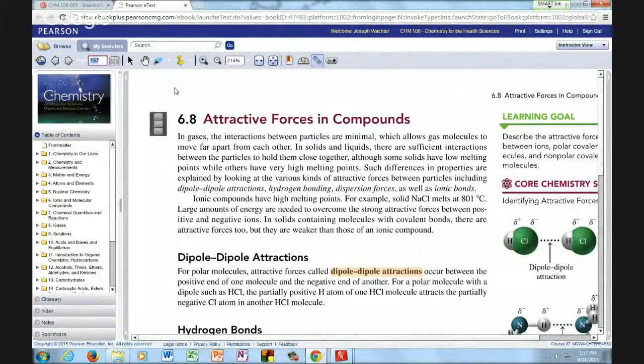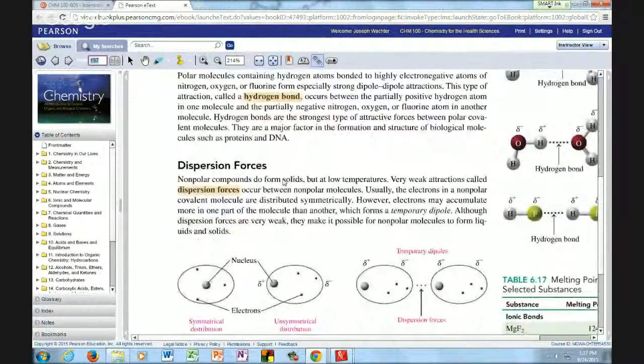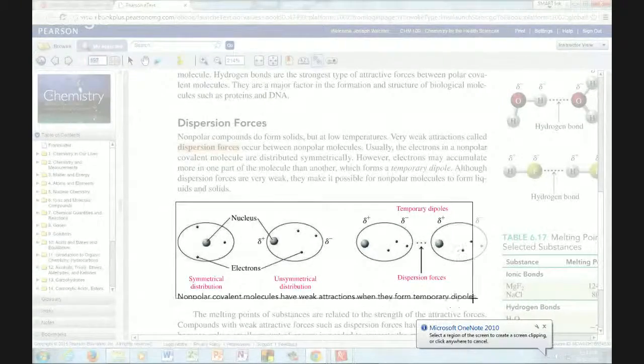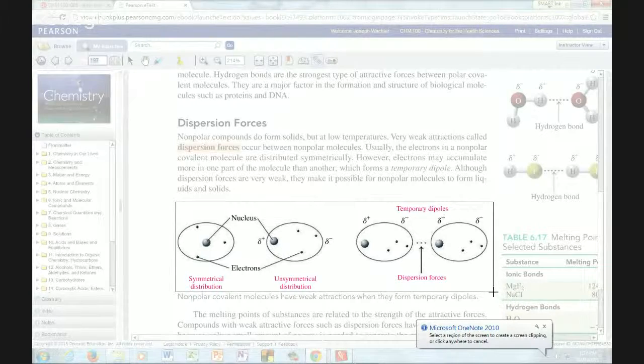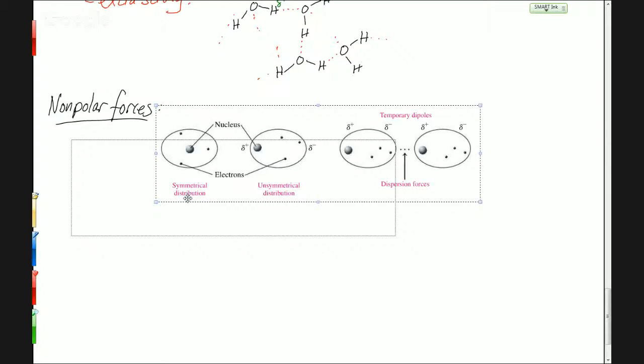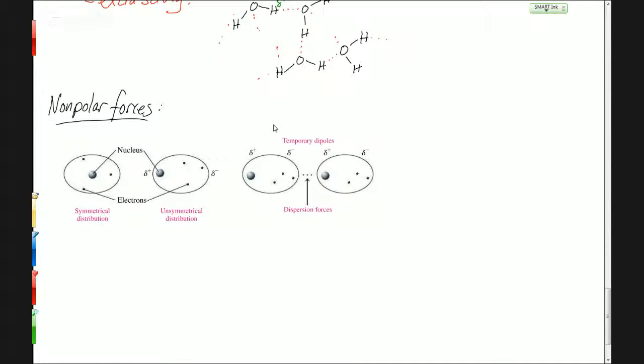It's on page 197. So if you don't have these dipoles, you don't have these partial positive, partial negative things, how do these molecules hold each other together? Good example of this are hydrocarbons.